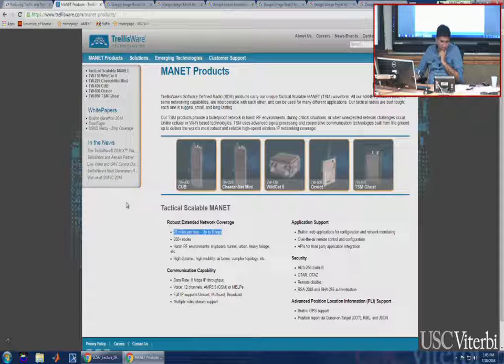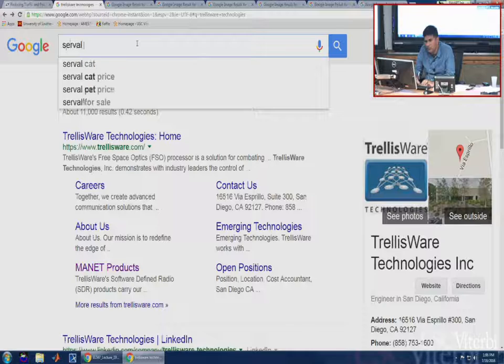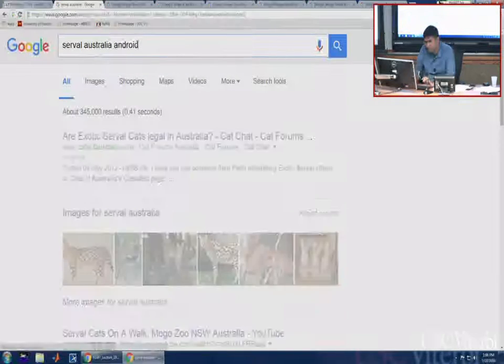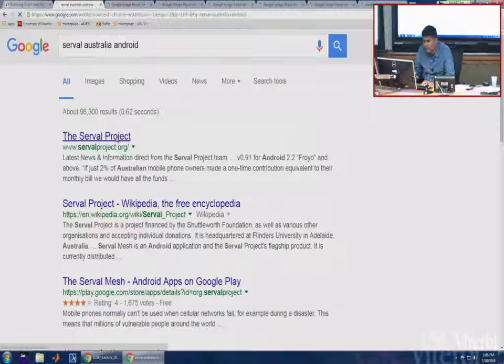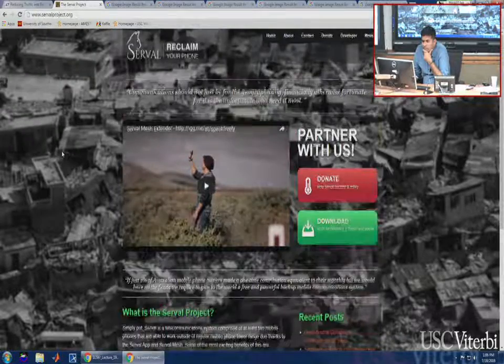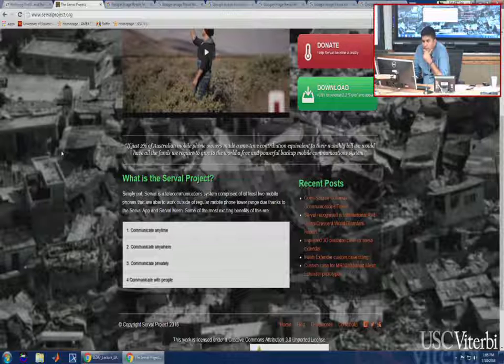The third class of mobile multi-hop wireless networks is what I refer to as intermittently connected mobile networks. By way of examples, let me see if I can find, there's one technology out of Australia called the Serval project, where the idea is to create this type of mobile network.